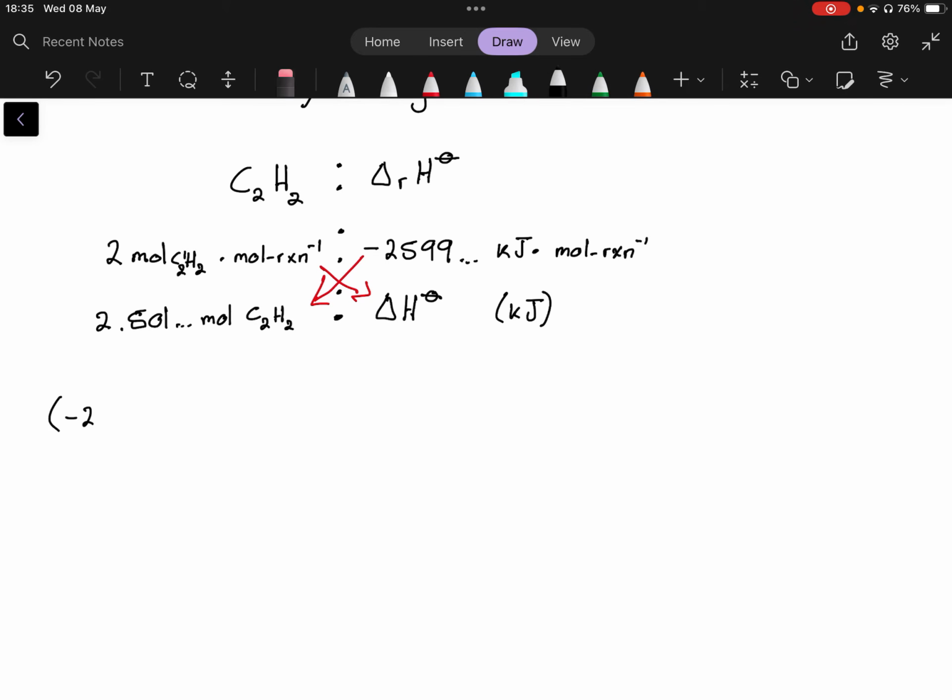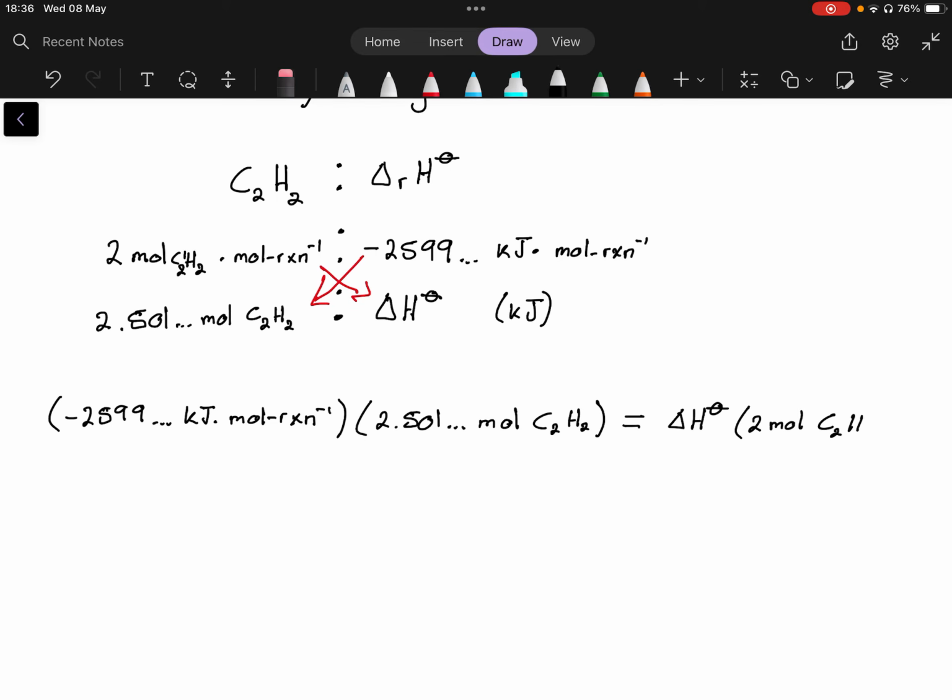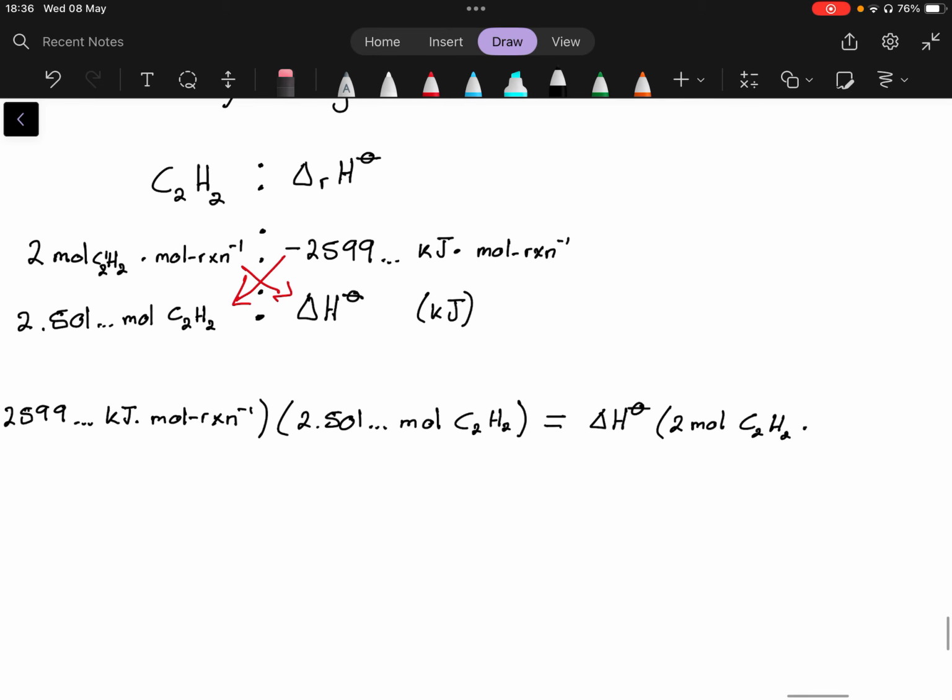So on the left hand side, you get minus 2599 kilojoule per mole reaction multiplied by 2 mole, 2.501 mole C2H2 is equal to delta H naught times 2 mole C2H2 per mole reaction.